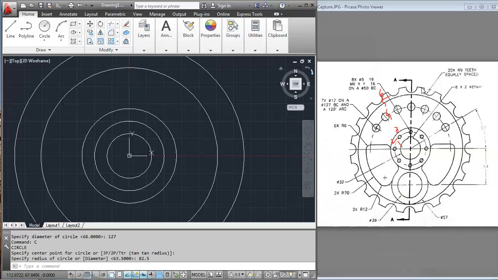Equally spaced. No, the radii are not given.